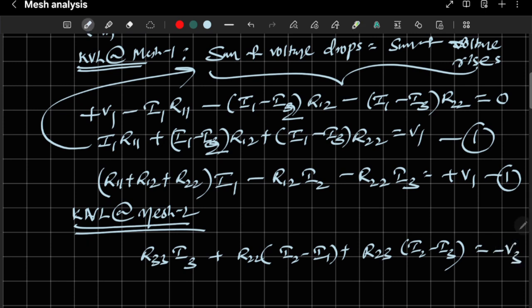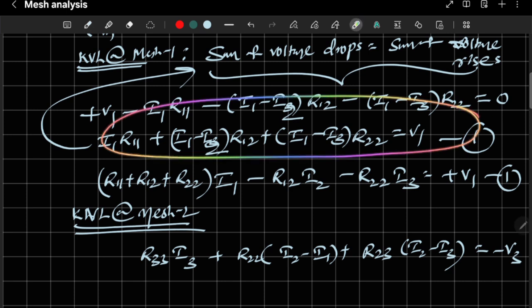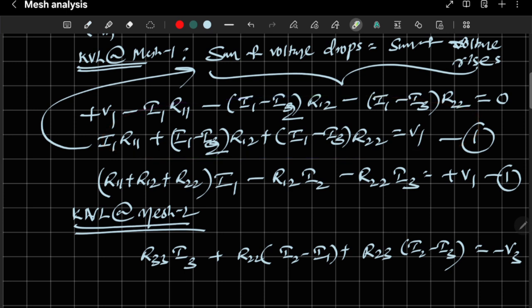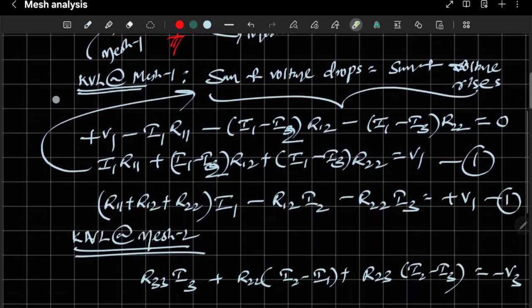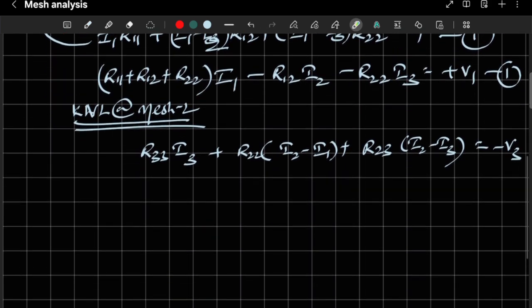Otherwise, if you get any confusion, simply you take the equation like this, how we have written in the beginning. In mesh one, how I have written in the beginning, the sum of all the voltage drops in a loop is equal to 0. That is what you can apply. Now we take common I1, I2, I3, any common things are there.